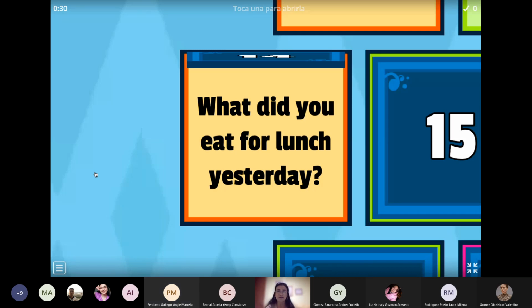Chinese rice. Rice. And for drinking, Coke or juice or lemonade or tea? Lemonade. For drinking, lemonade, yes? Yes. Okay, very good.